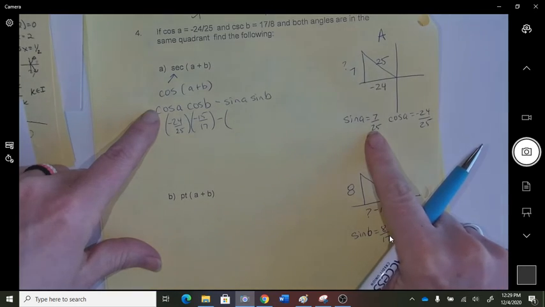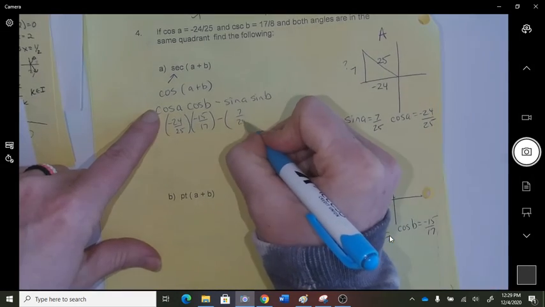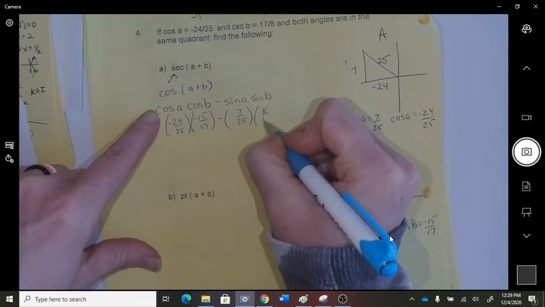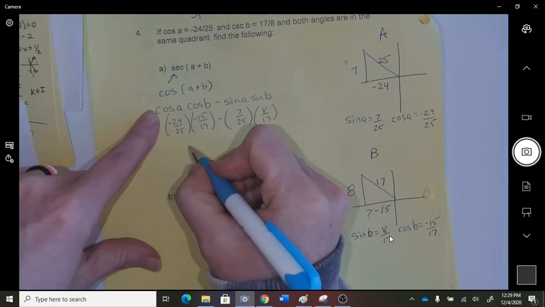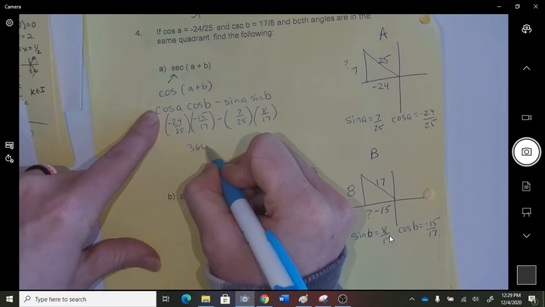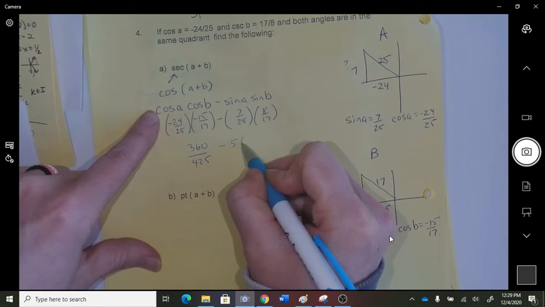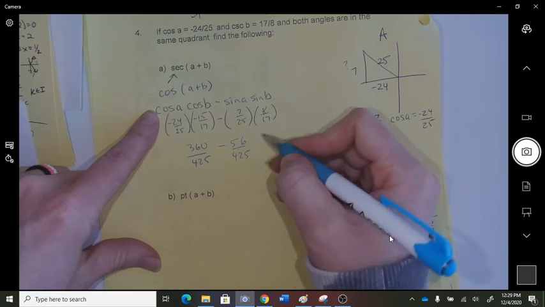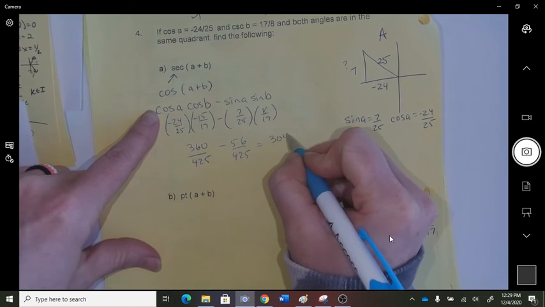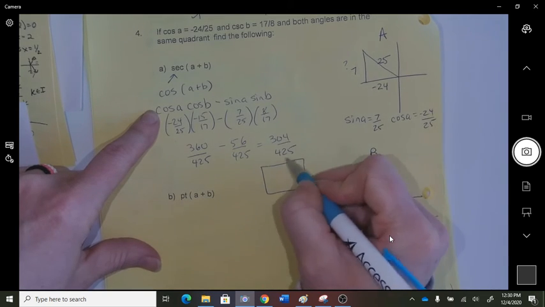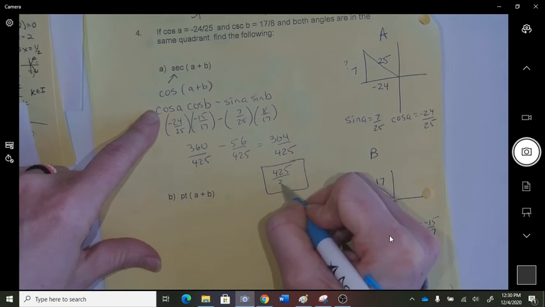Sine A is 7 over 25. Sine B is 8 over 17. Okay, what does this make? 360 over 425 minus 56 over 425 makes 304 over 425. And don't forget, I need to reciprocate.